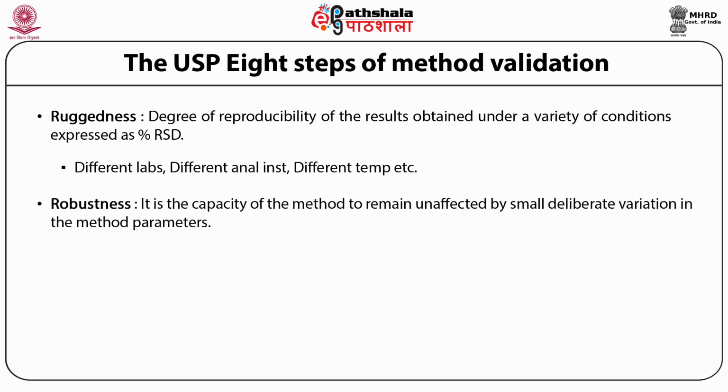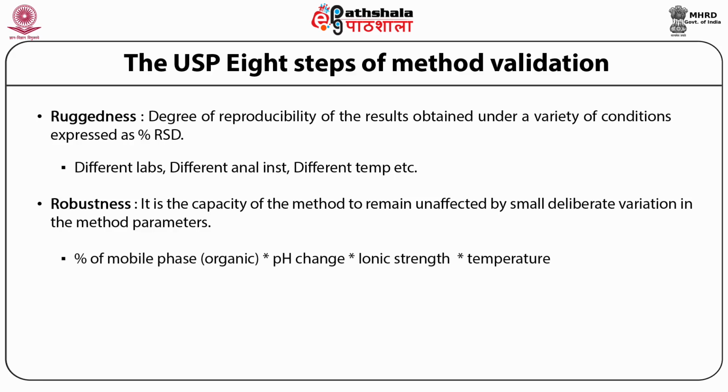Robustness is the capability of the method to remain unaffected by small deliberate variations in the method parameters, such as slightly changing the percentage of mobile phase, pH, ionic strength, or temperature. Suppose I set the temperature at 20 degrees centigrade and set this method at 25 degrees centigrade, it should work the same. Or a slight pH change, running at 3.1 or 3.2, should not change it.